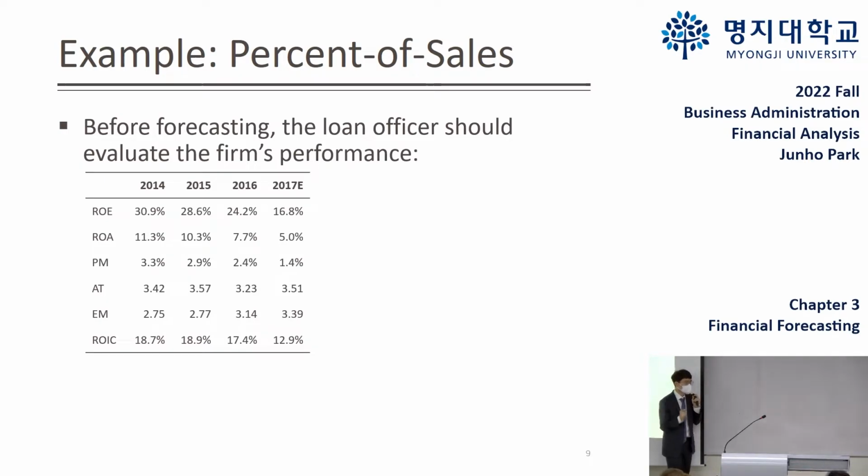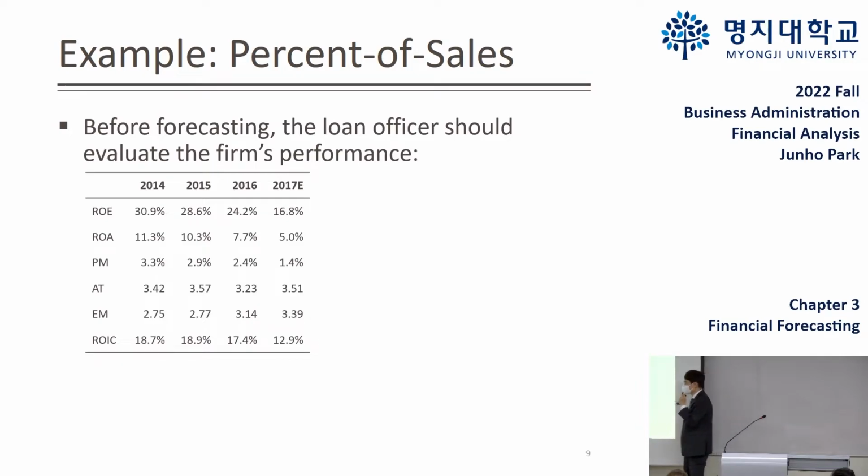We learned that ROE can be decomposed into the multiplication of ROA and the equity multiplier. So I have ROA and equity multiplier. And ROA can be further decomposed into profit margin and asset turnover. So we have profit margin times asset turnover times equity multiplier, which is equivalent to ROE.